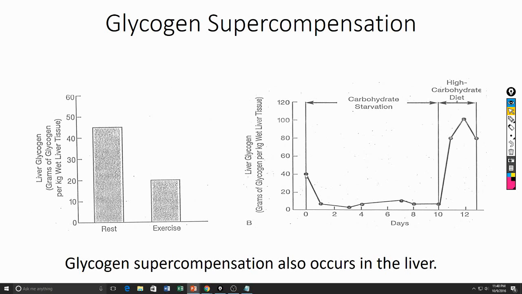And what you see is it doesn't take long, a couple days, glycogen levels will start to drop out in the liver, and when they go to refeed, the magnitude of compensation is quite high. Okay, so you can glycogen load the liver as well. Just requires starving yourself of carbohydrate for a while prior.